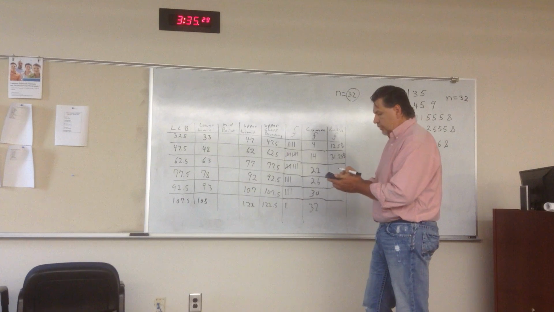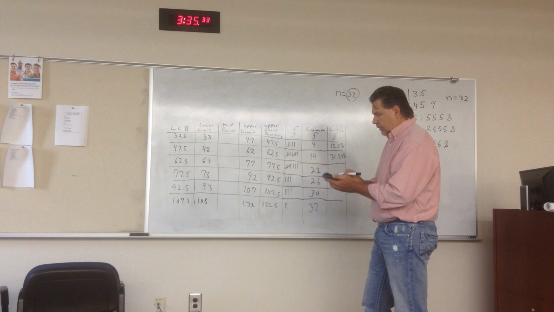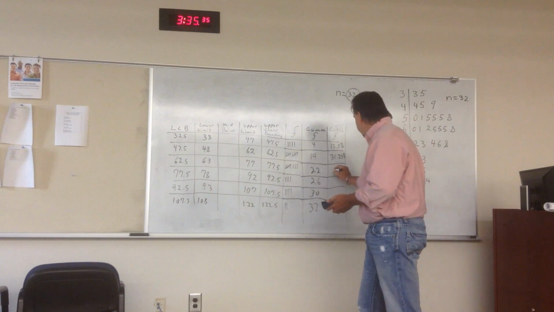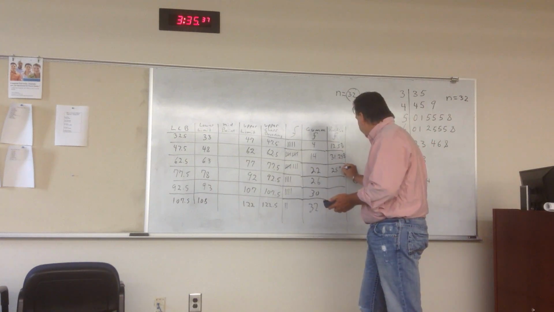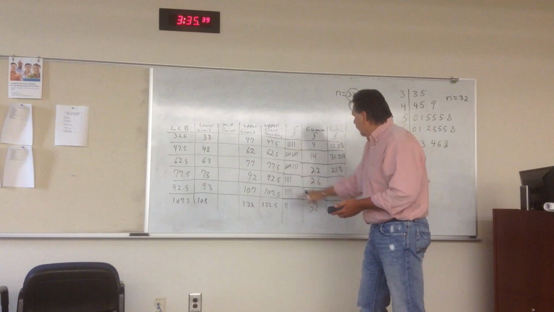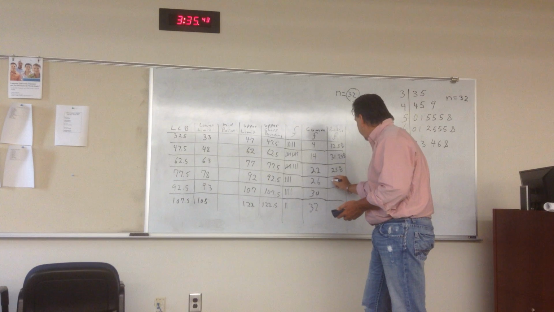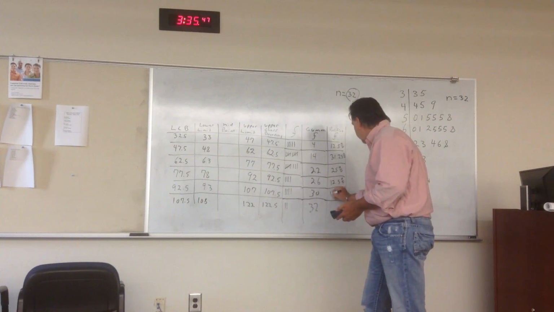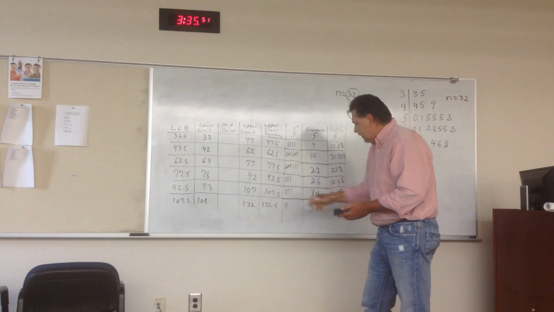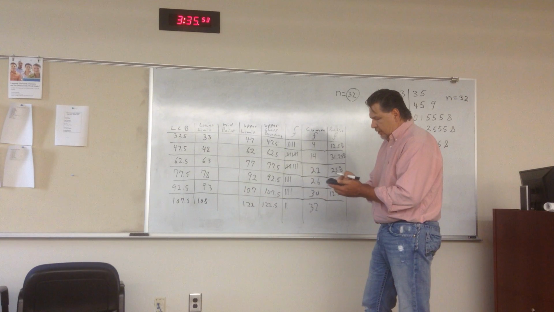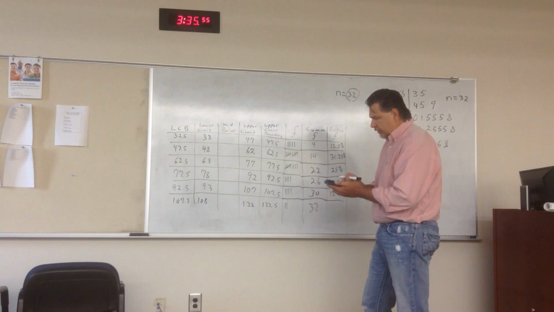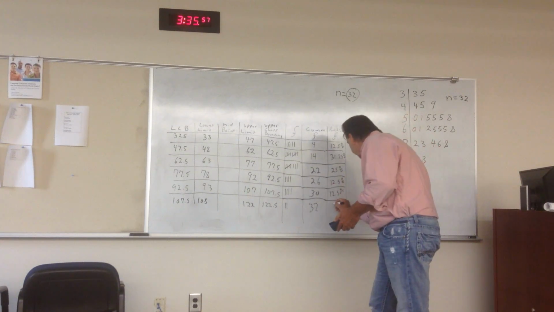So 8 divided by 32 is going to be 0.25, so it's going to be 25%. Now I'm going to come down to 4, and I know I've already calculated 4 is 12.5%, and I've got another 4, so that's 12.5%. And now I've got 2. So 2 divided by 32 is going to give me a value of 6.25%.